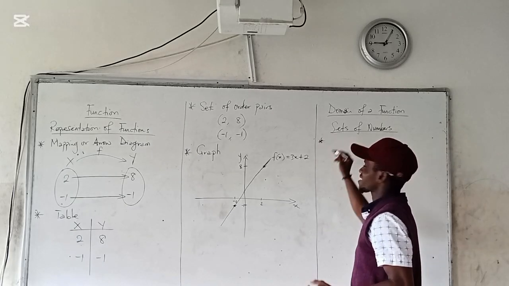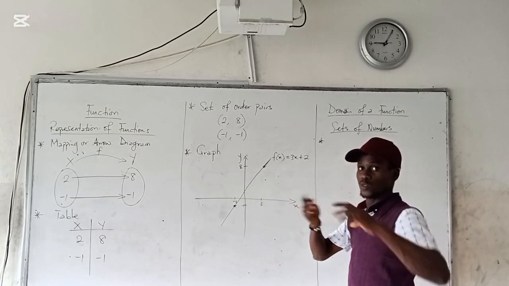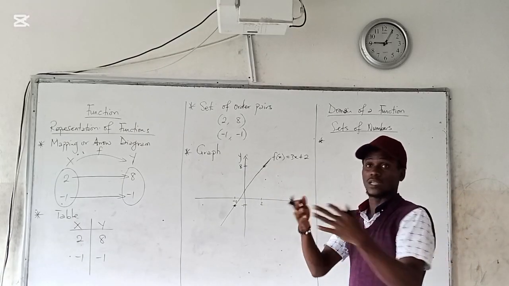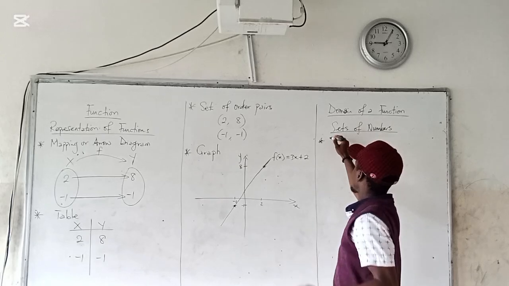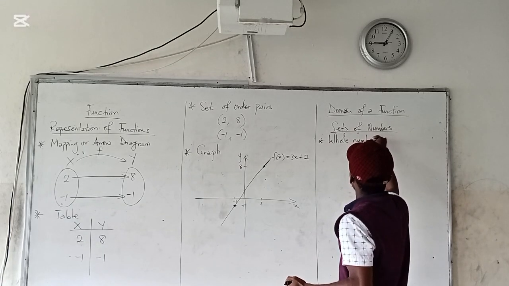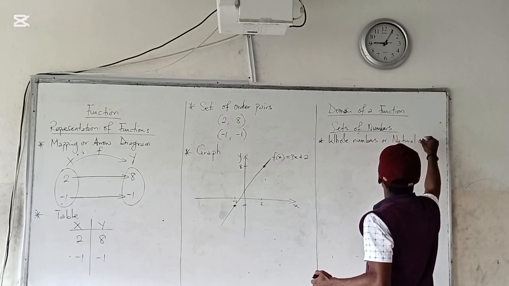Now, the first set of numbers is called whole numbers or natural numbers. Although there's a difference between them. There's a difference between natural numbers and whole numbers, but I like putting them together in this case. So let's call them whole numbers or natural numbers.